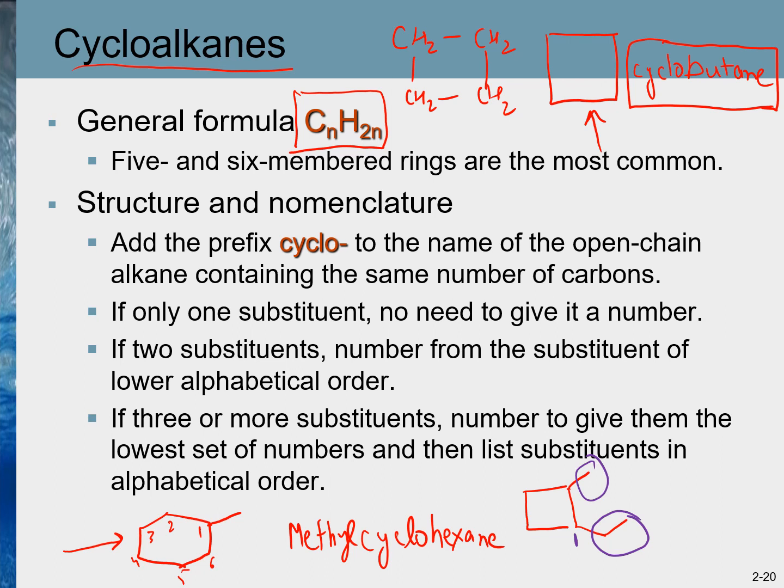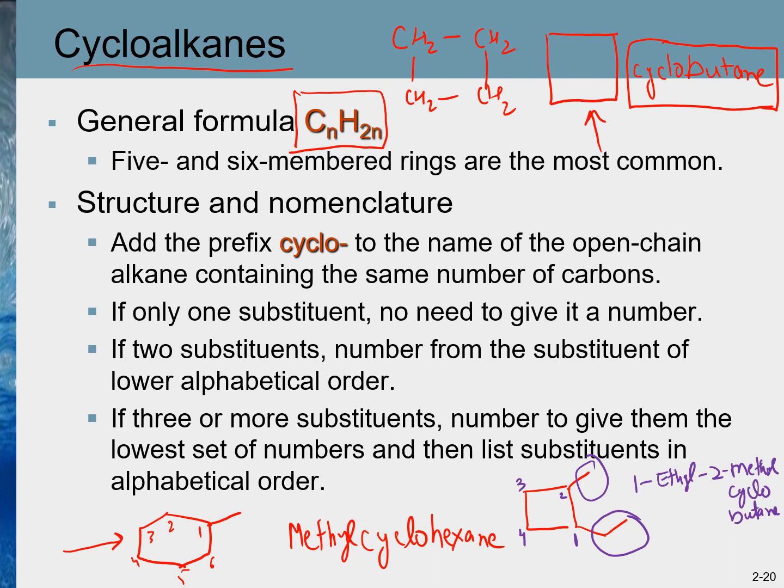The correct method will be 1 and then 2, 3 and 4. So the name of this compound will be 1-ethyl-2-methylcyclobutane. Methylcyclobutane is one word. I don't have enough space, therefore I'm writing them separately, but you should write it as a single word.